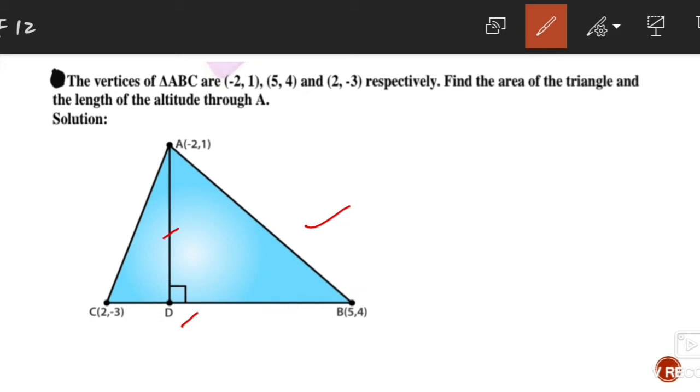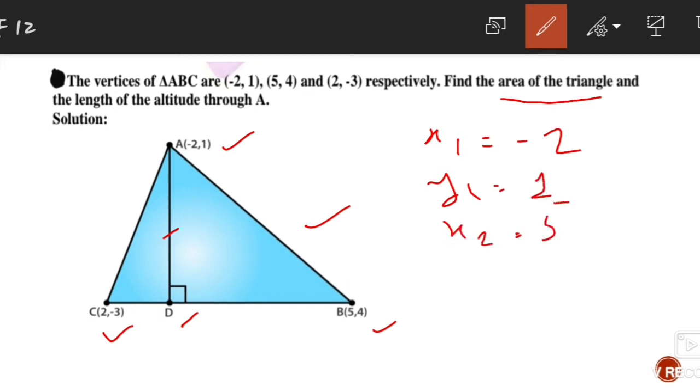So first of all, let me check the area of the triangle. As you can see, 3 vertices are given, so just use the area of triangle formula from 3 points. You can use x1 as -2, y1 as 1, x2 as 5, y2 as 4, x3 as 2, y3 as -3.